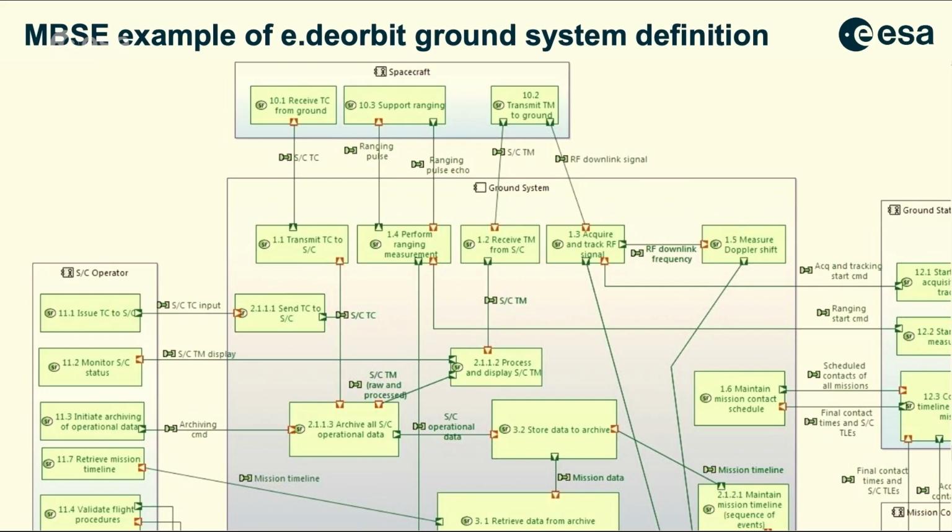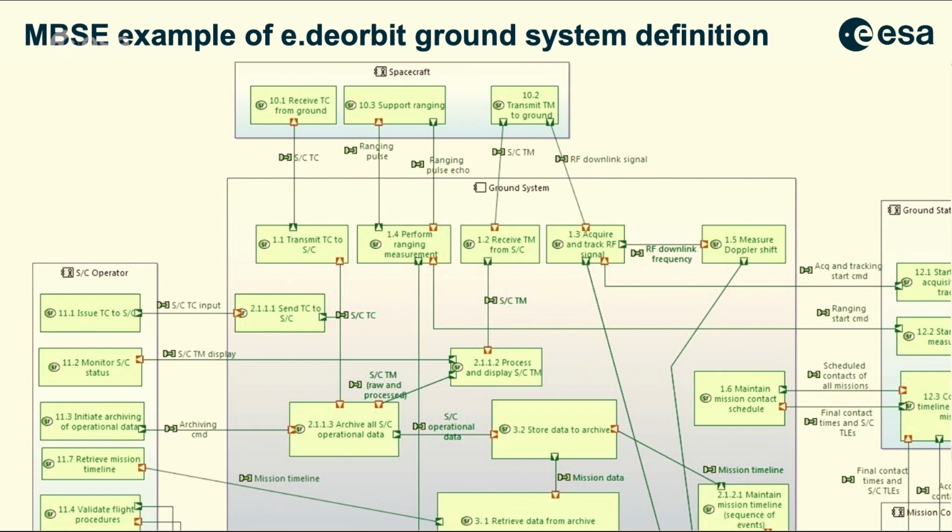Here's another example of, again, the same mission, the ED orbit mission. This was from a design by a company, OSB, where they defined in an MBSE tool all the segments of the ground segment and all the functions there. So you see in the middle the ground system, and 1.1, the first function is to transmit telecommands to the spacecraft.